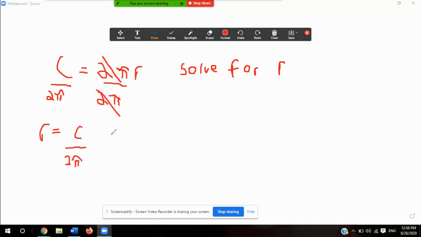The second part of that problem says find the radius if C equals 44 inches, to be exact, is what the book says.